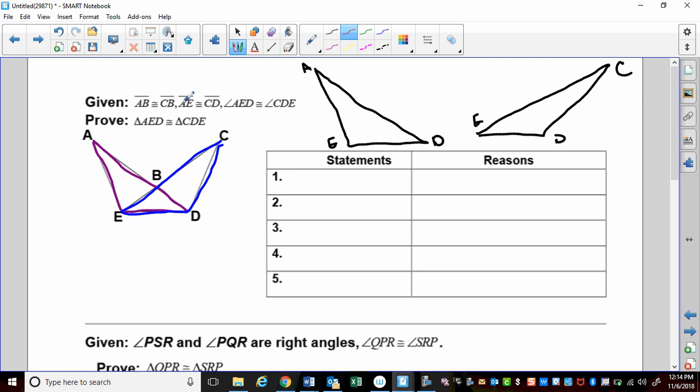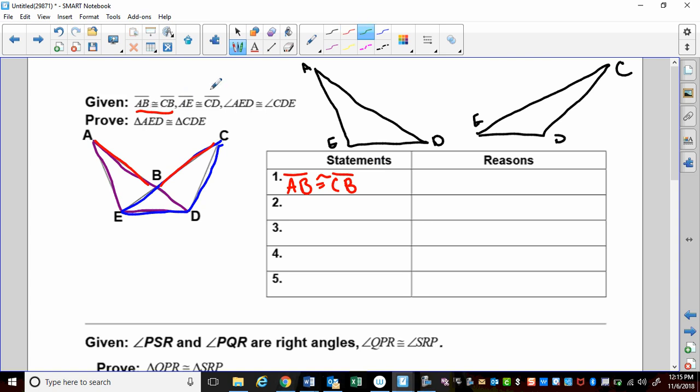They say that A to B, this side, is congruent to C to B, this side. So this side is congruent to this side. Okay, I'm going to write it in here. AB is congruent to CB.